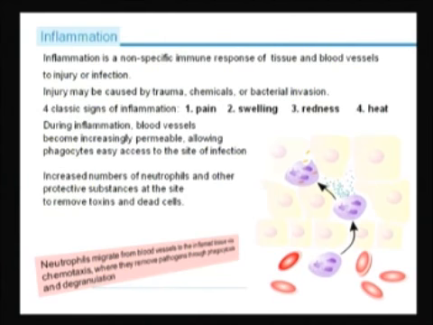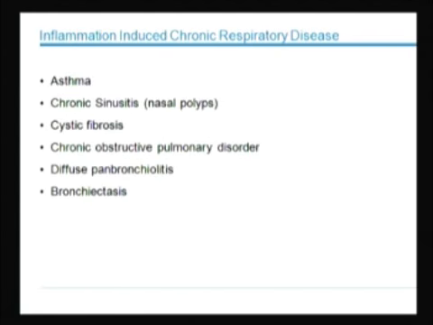And during inflammation, we all know the steps that we go through. Inflammation, as a general phenomenon, not only infectious, is a feature of chronic respiratory diseases like asthma, polyposis, cystic fibrosis, or bronchiectasis.